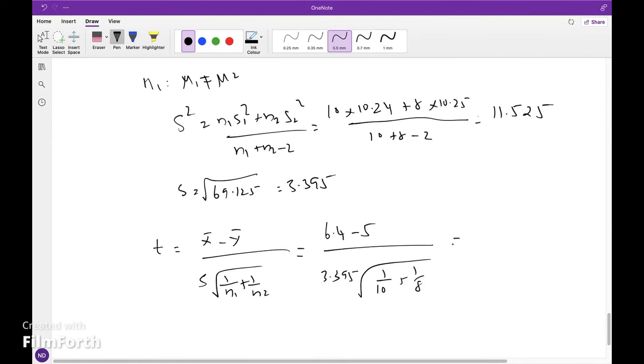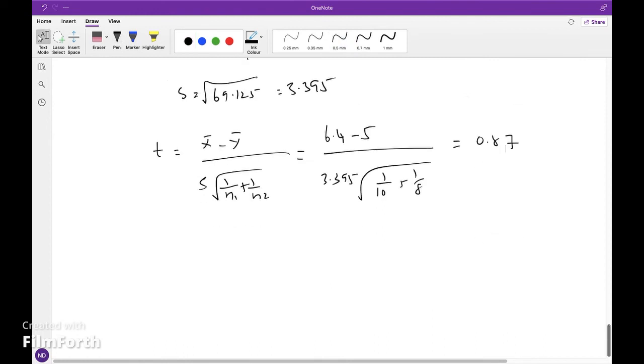Use calculator, we can get 0.87. Degrees of freedom n1 plus n2 minus 2, 16.